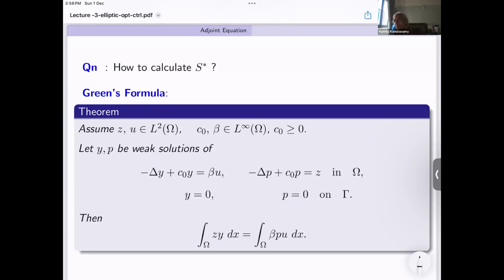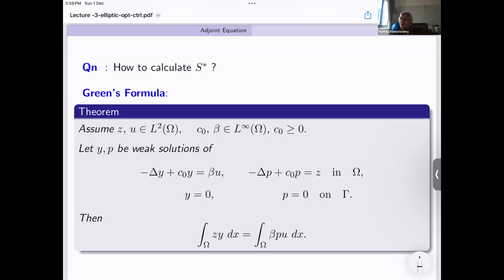What you have to do is you take any one of the equation, multiply by the other. For example, let me take the equation for y. Suppose you multiply by p, I will have on the right hand side beta pu. That is what I want on the right hand side in the answer. But the left hand side has so many terms that will have to be eliminated using the adjoint equation satisfied by p.